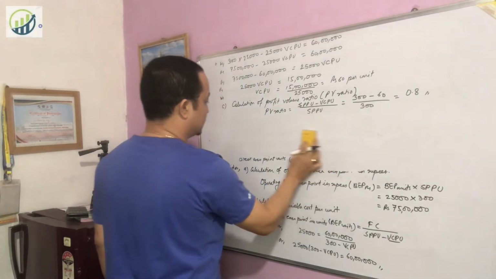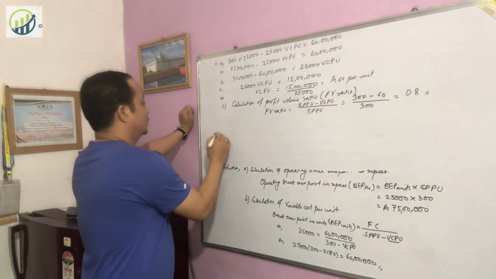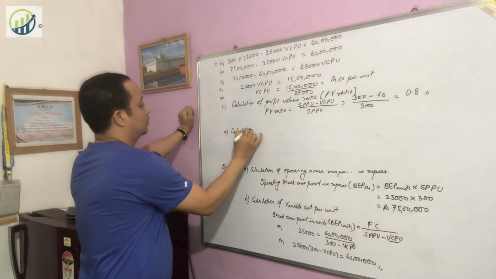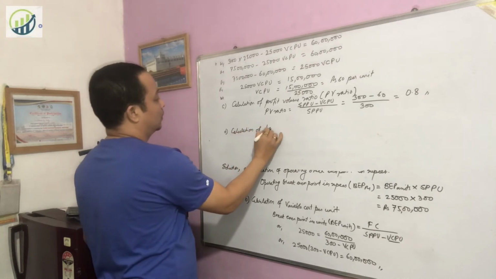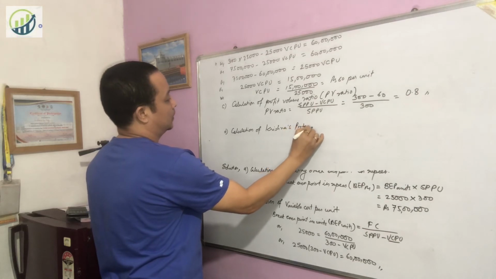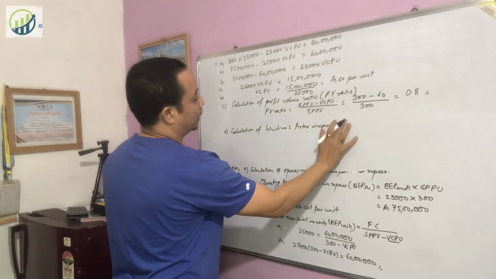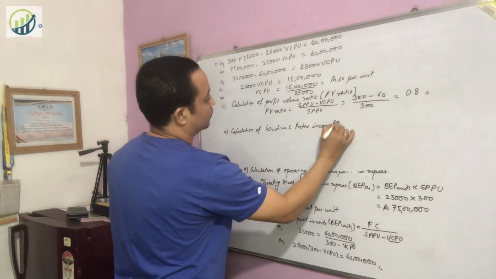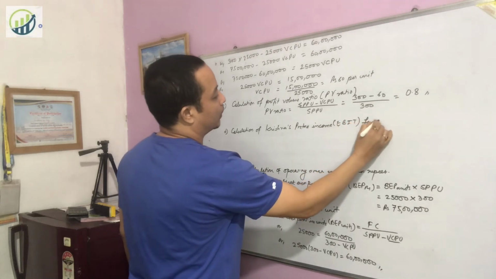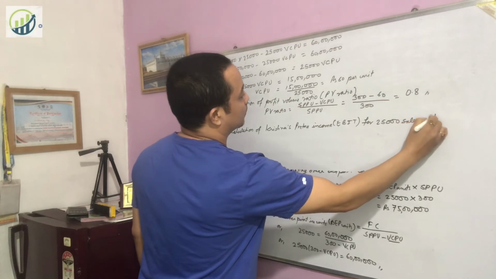Calculation of Krishna's pre-tax income, EBIT, for 25,000 sales units.